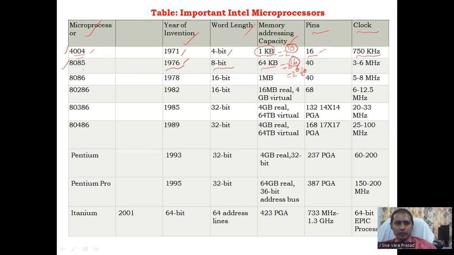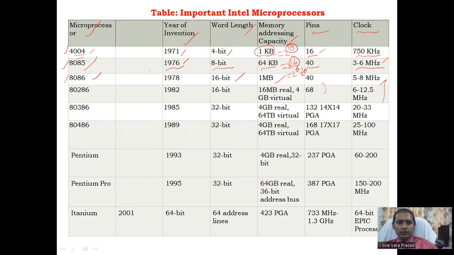So 16 address lines are present in the 8085 microprocessor, and it contains 40 pins and a clock frequency in the range of 3 to 6 megahertz. Like that, generation to generation, the processor IC number changes accordingly. The word length may change, the memory handling capacity may change, pins may change, and the clock frequency improves. Whenever the clock frequency increases, the operation time decreases. The processor takes less time to perform the operation.